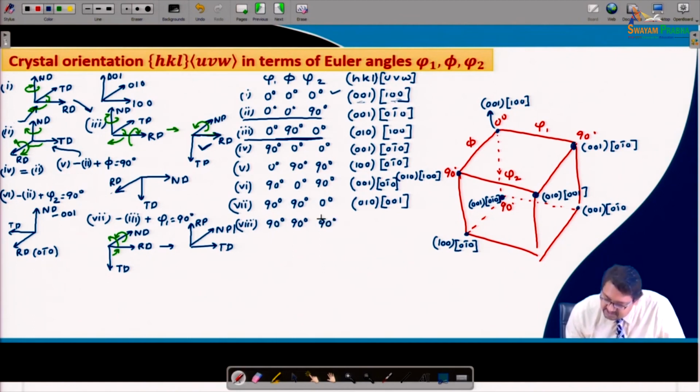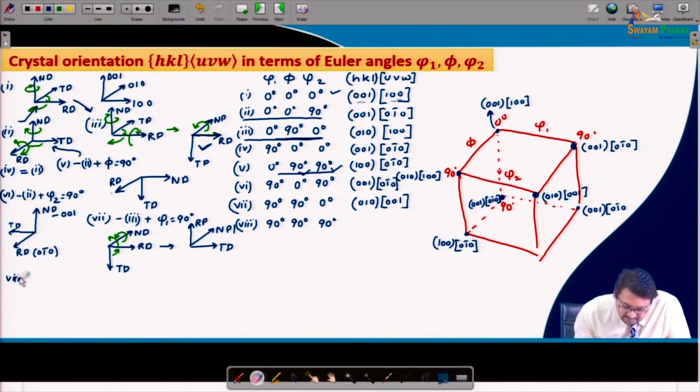So, in that case it is better to take this one, because we have already given phi 2 90 and phi 90. So, let us take the eighth position.